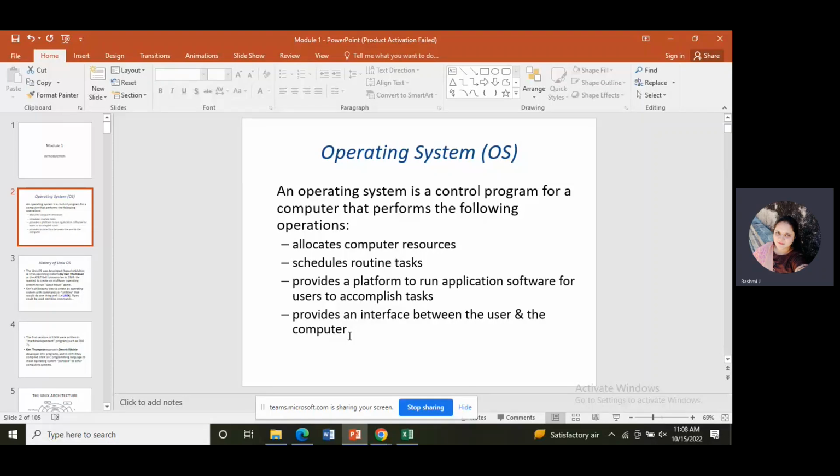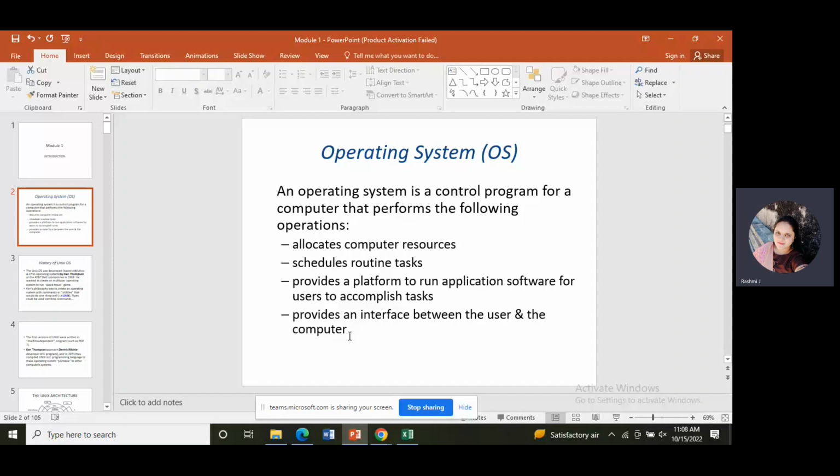It is a control program for the computer that performs the following operations or allocates computer resources. What are the resources? CPU management, time management, input and output devices, memory management, files, resource allocation.